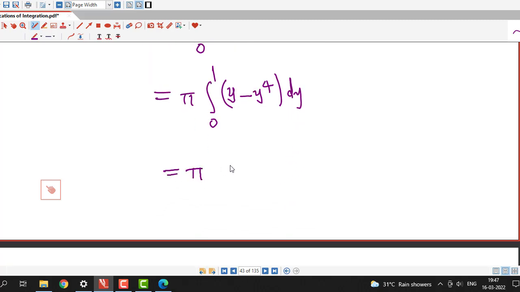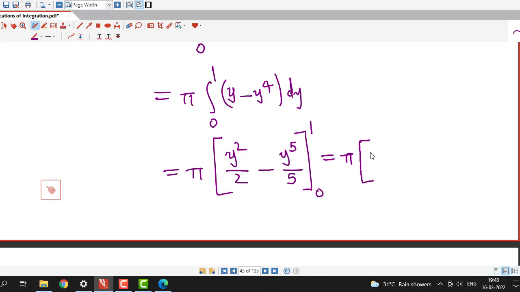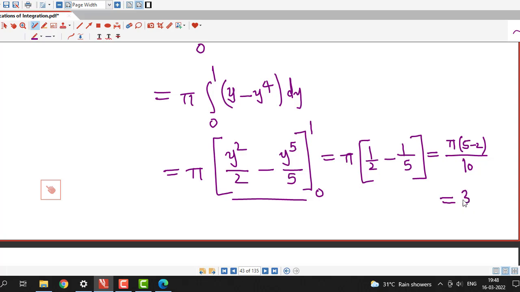This is equal to pi times the integral of y, which is y square by 2, minus the integral of y raised to 4, which is y raised to 5 divided by 5. The limits of integration are from 0 to 1. First we put y equal to 1, and we have 1/2 minus 1/5. For y equal to 0, this is 0. The LCM is 10, so we have pi into 5 minus 2, that is 3 pi divided by 10.